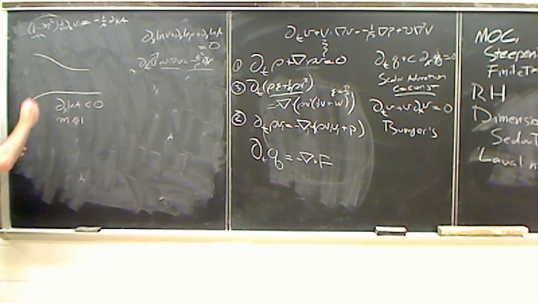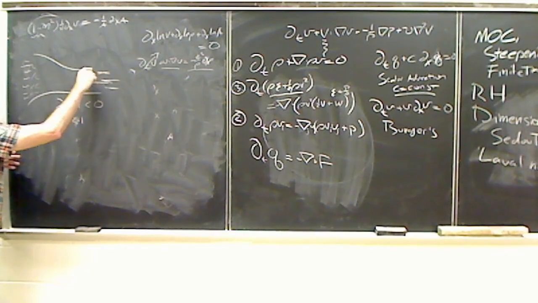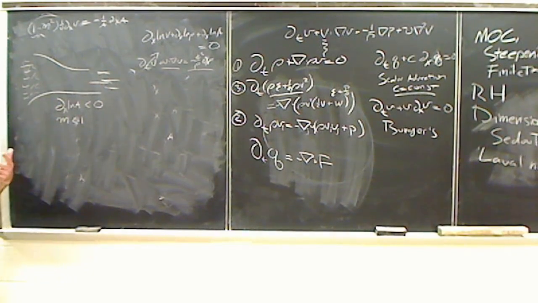If you think about it, things are piling in here at a certain rate, and they have to come out here, but because the area is smaller, they have to come out faster. But it gets harder to push, doesn't it?